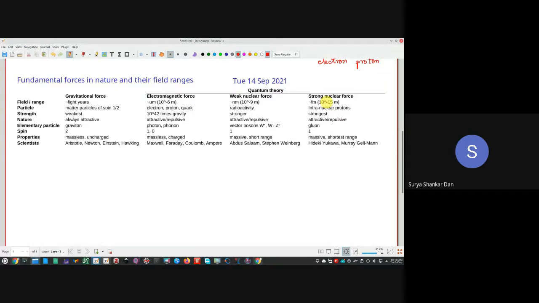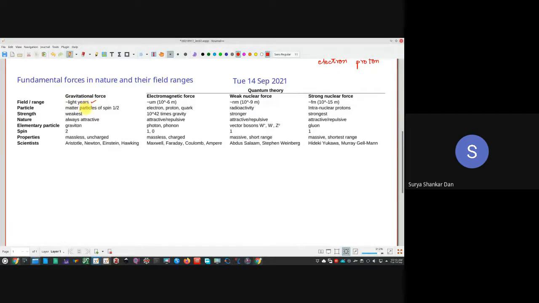So the reality is defined by your observation, or the observer. Now let's begin with this. When you are talking about the gravitational force, what is the range of observation you are dealing with? Light years. Technically speaking, the largest distance which human beings can actually observe through the Hubble Space Telescope is in the order of light years.